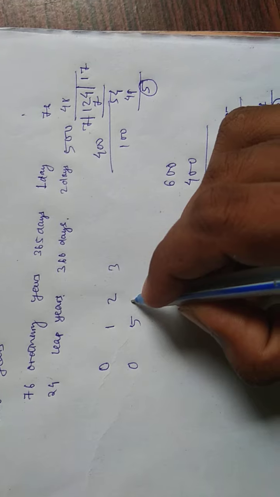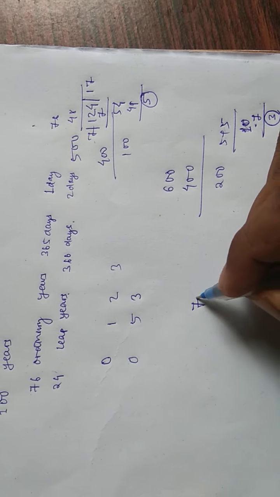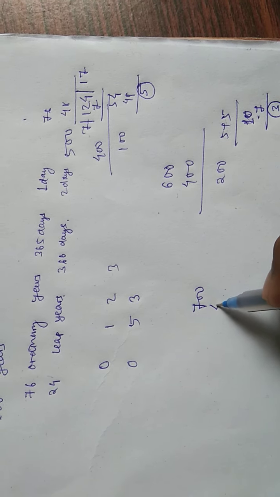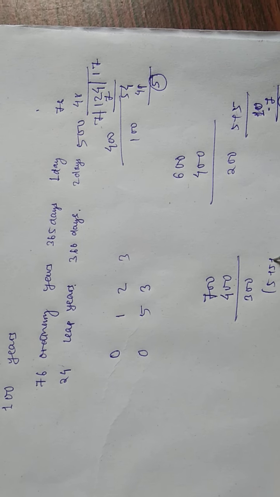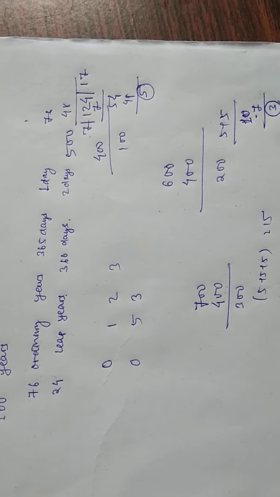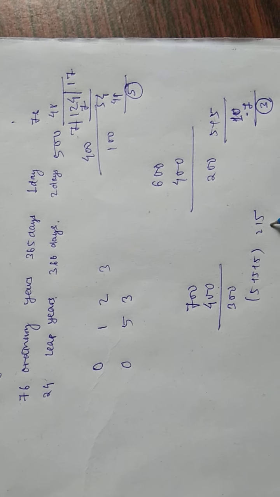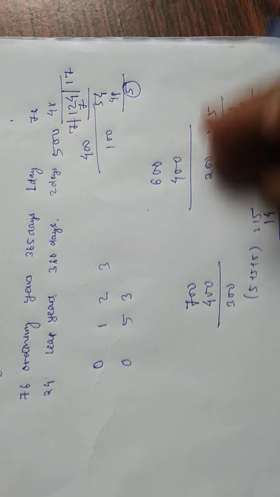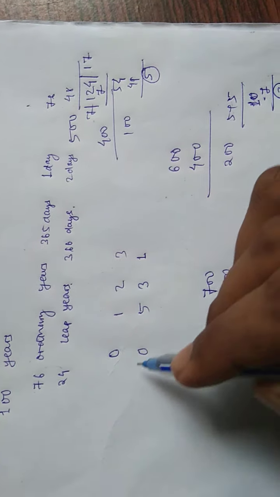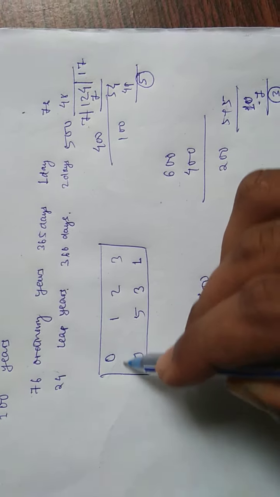We get 3. And in case of 700, subtracting 400, we get 300. It means 5 plus 5 plus 5, it is 15. And easily we can find, subtracting 14, we get 1 odd day. These are our century codes.